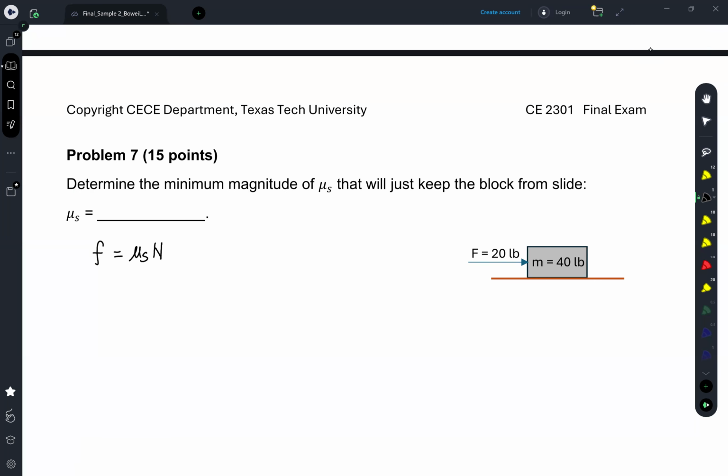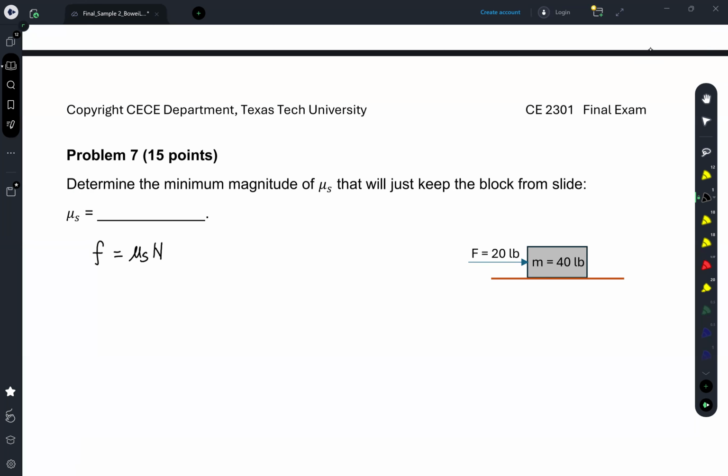Okay, so now, if the object can be kept from sliding, meaning that it is still in equilibrium, we can evaluate that.